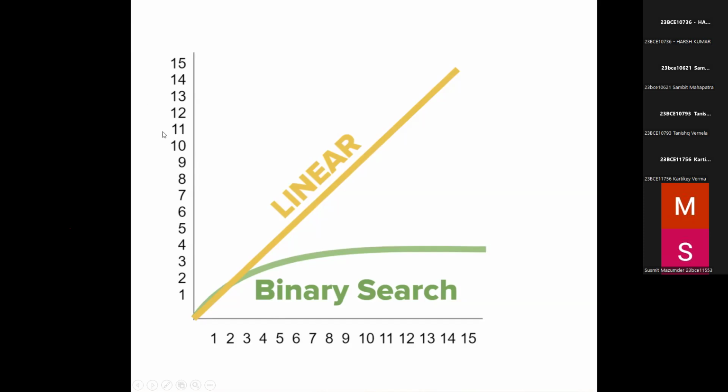The y-axis represents how much time in seconds we need to complete the task. By seeing the diagram itself, you can easily understand which method is best, having less time complexity and space complexity.